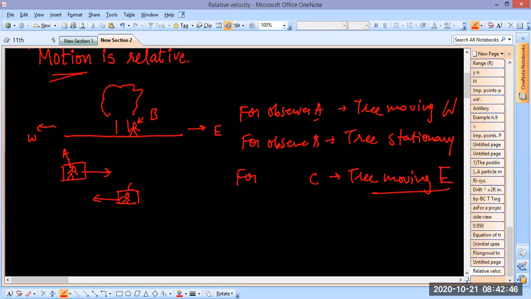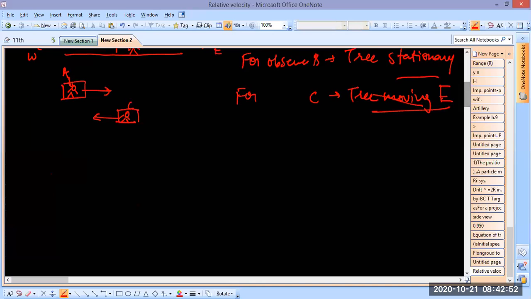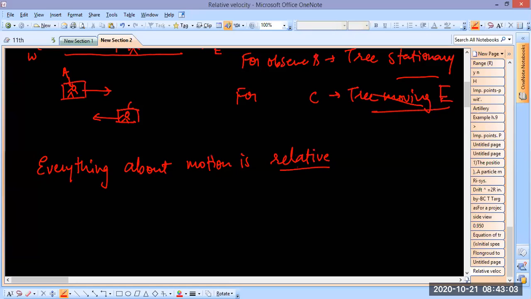One sees the tree is not moving, one sees the tree moving west, one sees the tree moving east. So everything about motion, I repeat, everything about motion is relative.